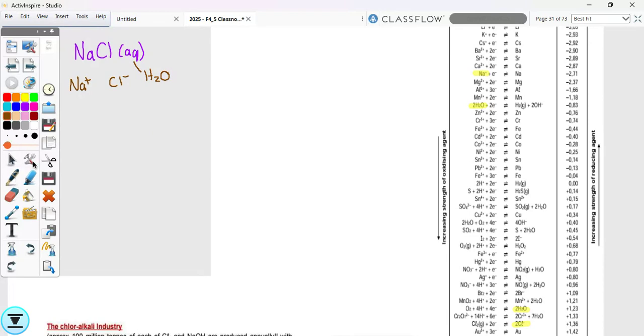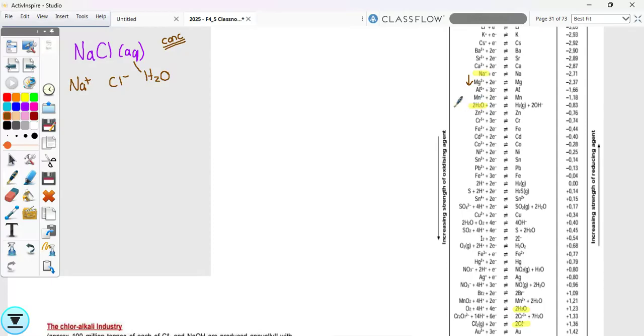But now remember what we said. The fact that it's concentrated makes them a little bit stronger oxidizing agent and reducing agent, but it will only make them about 0.4 stronger. So this one will get a little bit stronger on this side, but it's not going to make it past the water.